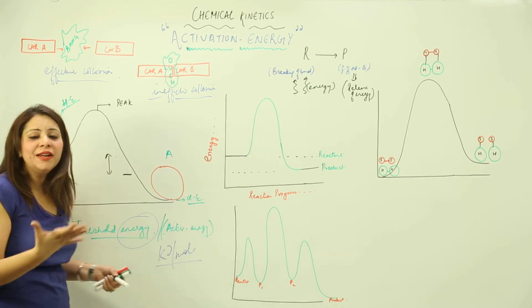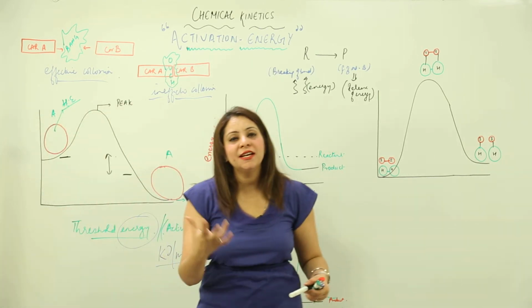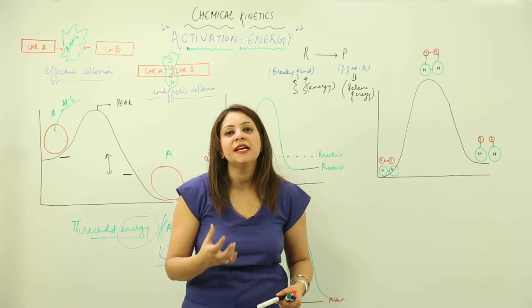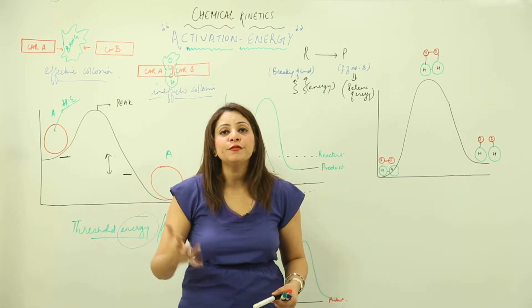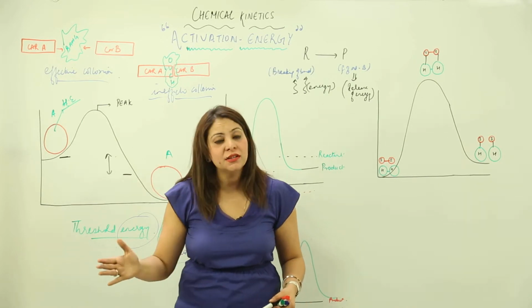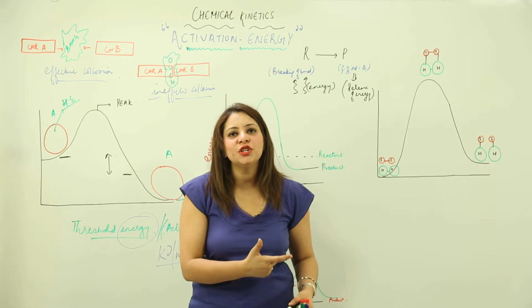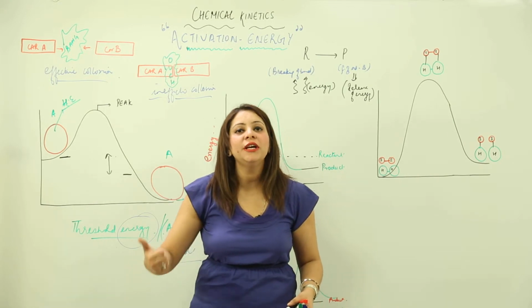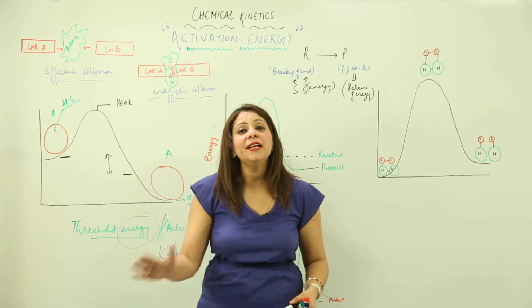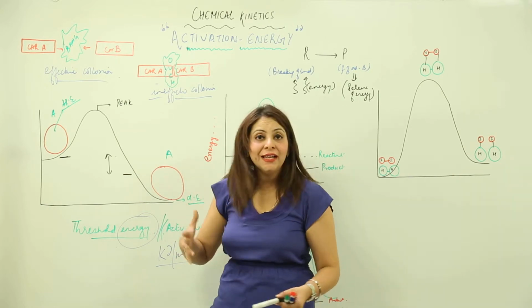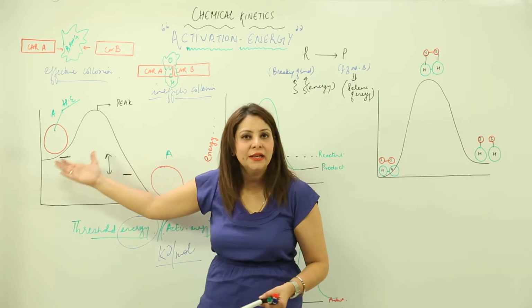Now, everything in the universe is seeking stability. It moves from the high energy state to the lower energy state just for the sake of attaining stability, because the higher the energy, the less the stability, and the lower the energy, the more the stability. Everything in the universe is struggling for stability, right. In the same way, this ball is struggling.